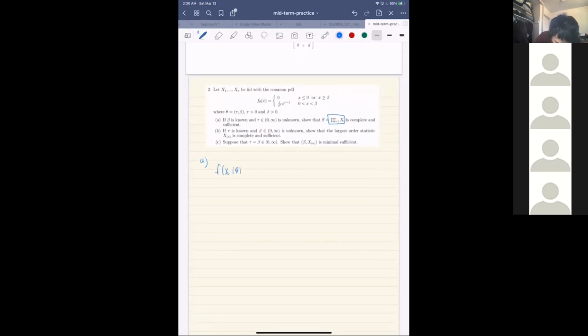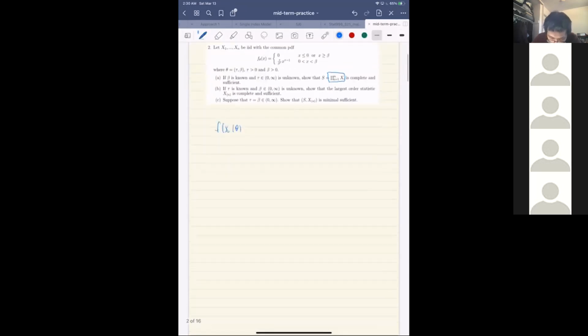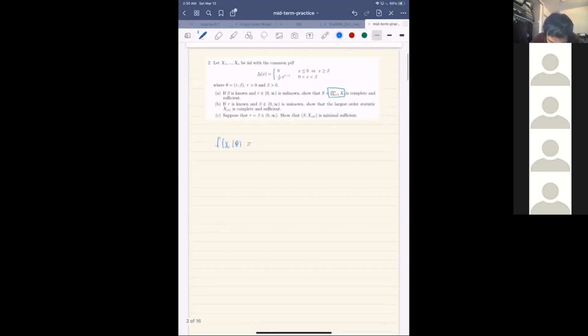This is equal to the product of beta tau xi to the tau minus 1, and we can have an indicator function that the value should be smaller than beta.